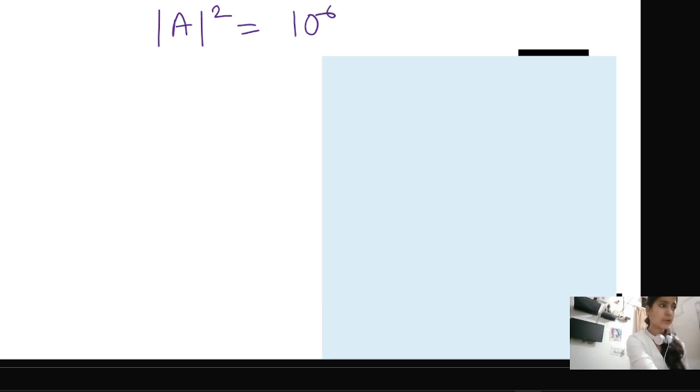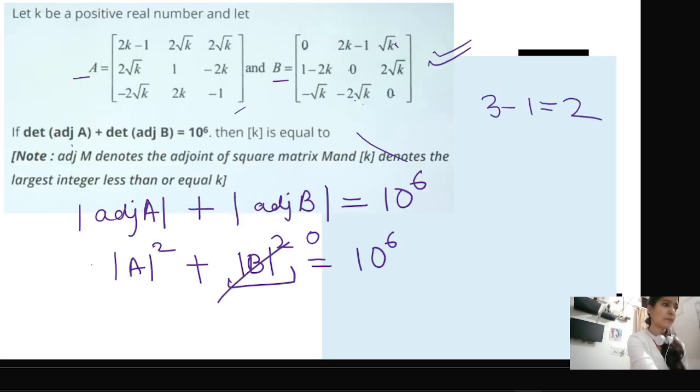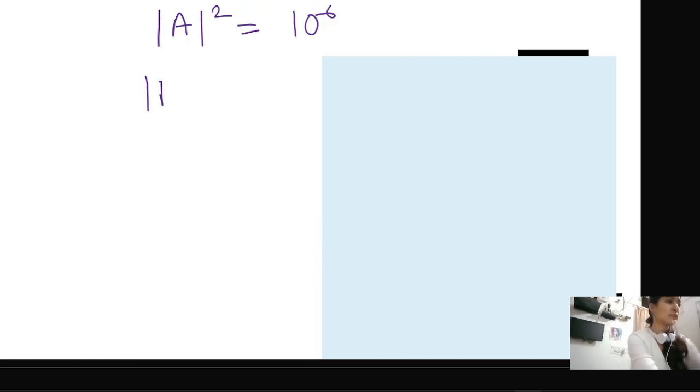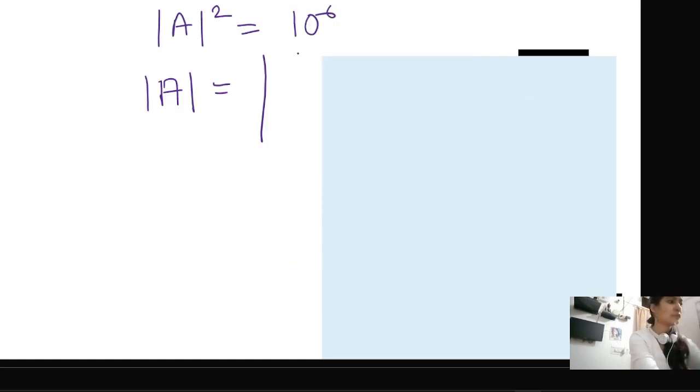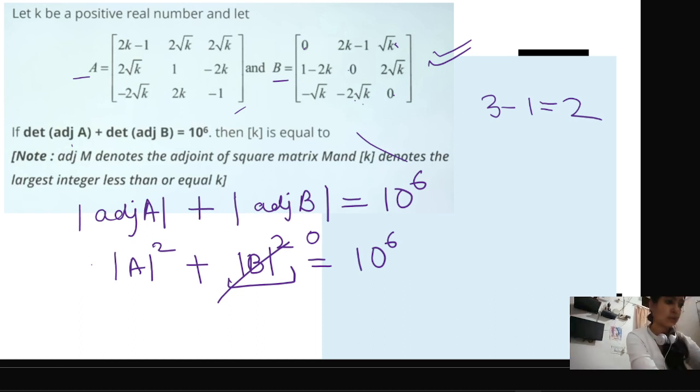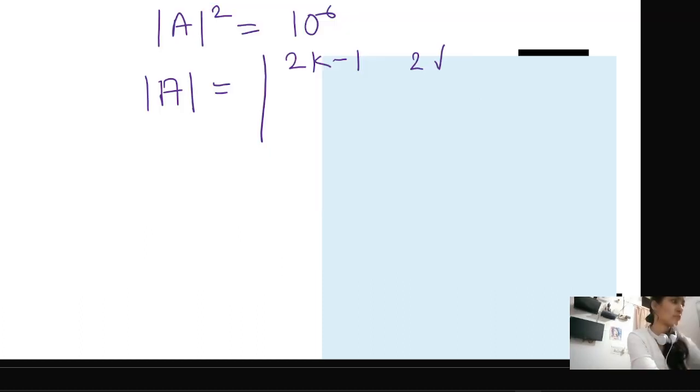So what we can do here, write the matrix A. Matrix A is here. So first we can find the determinant. 2k minus 1, 2k minus 1, 2 root k, 2 root k. So put the symbol of determinant only.